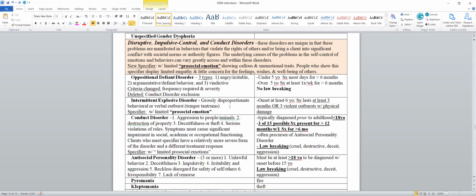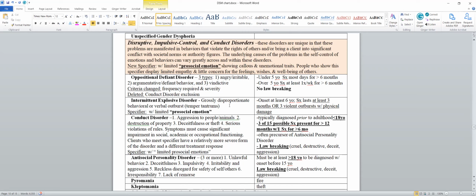Moving on to disruptive, impulsive control and conduct disorder. These disorders are unique in that these problems are manifested in behaviors that violate the rights of others and or bring a client into significant conflict with societal norms or authority figures.